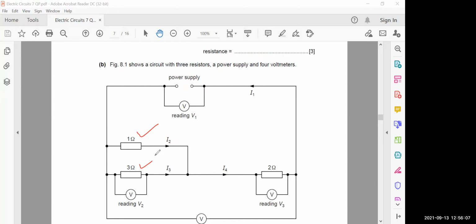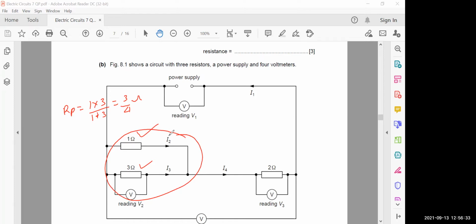So I will consider that the 1 ohm and 3 ohm resistors are in parallel. For a parallel combination, the resistance is 1 into 3 divided by 1 plus 3, so this is 3 by 4 ohm. First, I have calculated this resistance.